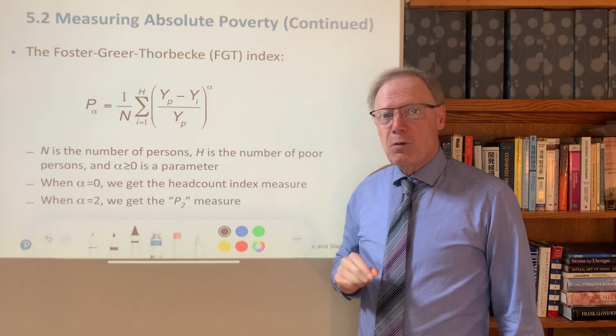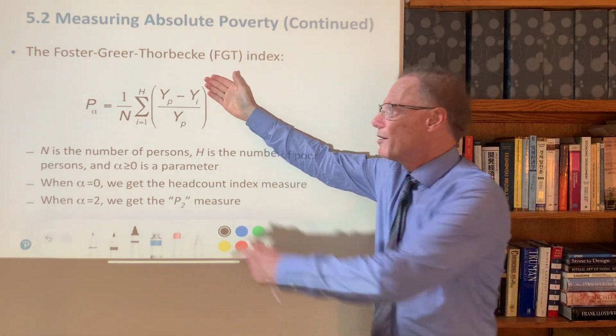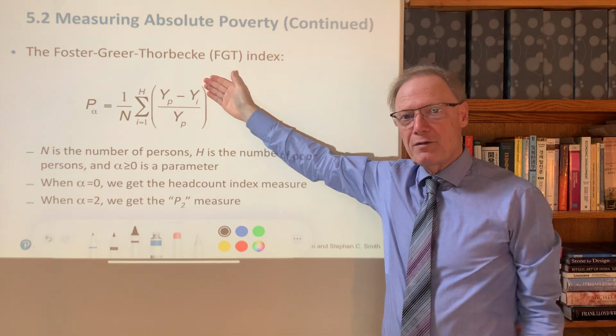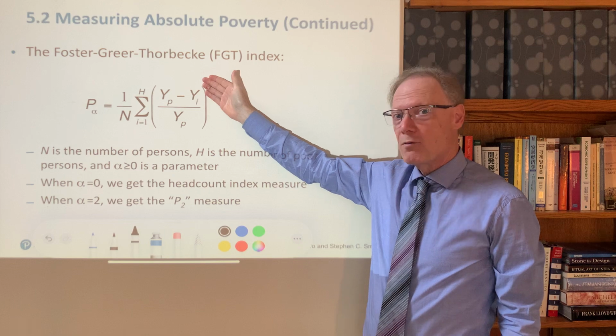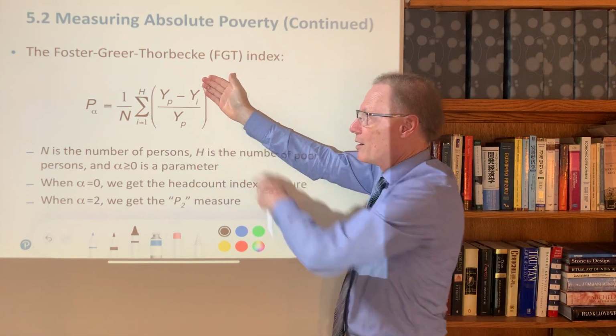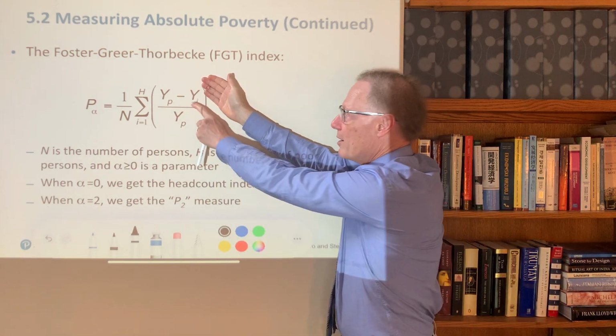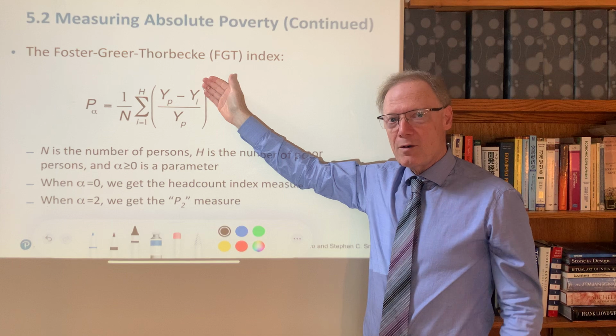If alpha is equal to 1, that is progress, because now we are at least considering the gap between the poverty line and actual incomes of those who are poor. However, what we're not doing is taking into account that the greater the distance between actual income and the poverty line, the worse that should be for our measure of poverty.